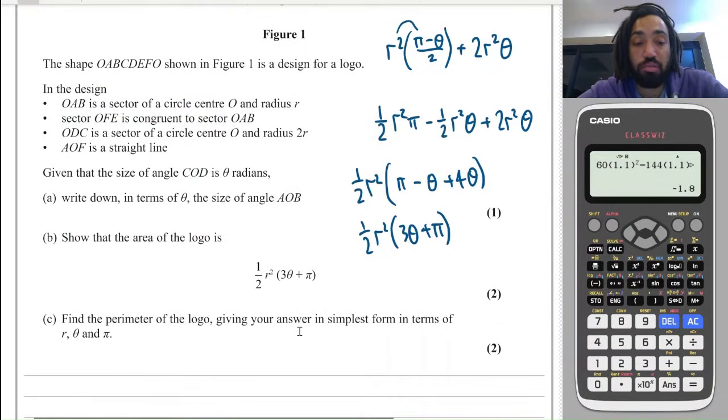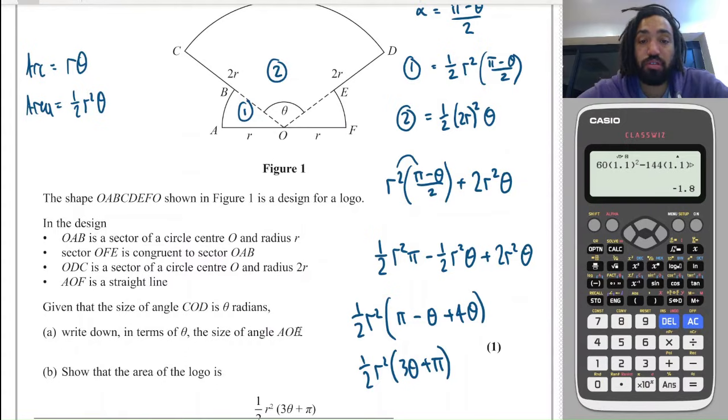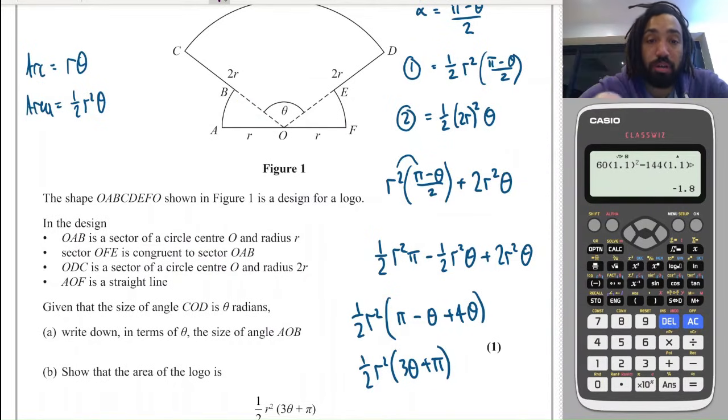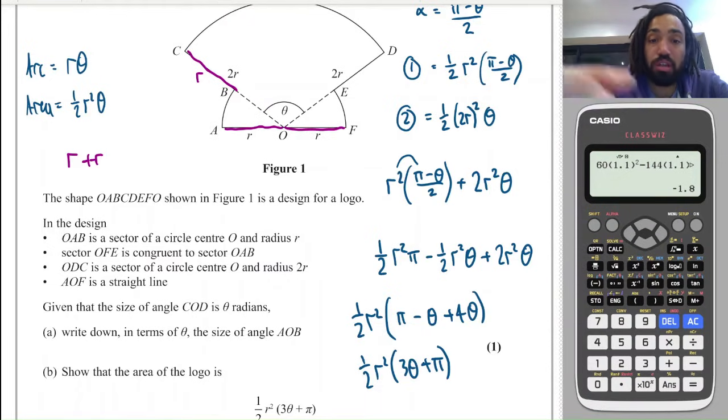And it says find the perimeter of the logo. Okay, so the perimeter of the logo, let's look at this bit by bit, is r, another r. This distance here is 2r, but the bit that we want is just 1r, because I need to take away this bit here, which is also r.